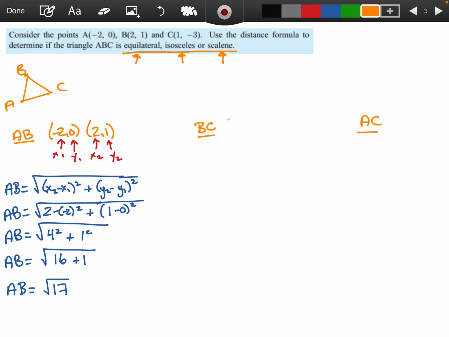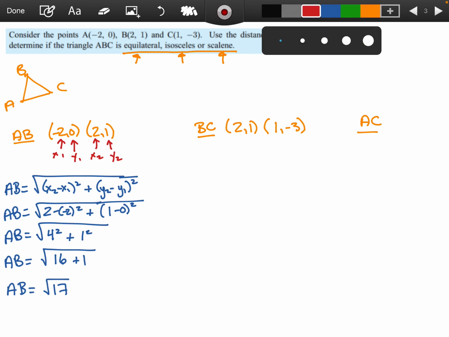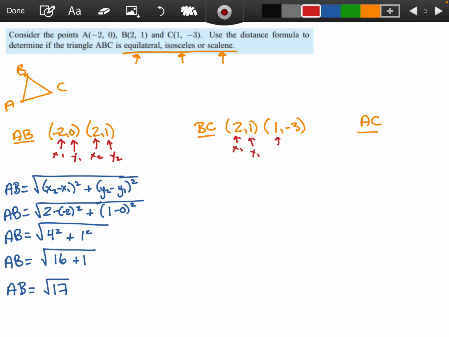So BC is going to be using coordinates 2, 1, and 1, negative 3. So B and C this time. So again, x1, y1, x2, y2. And then away I go with the formula. This is tedious work, I fully admit that.